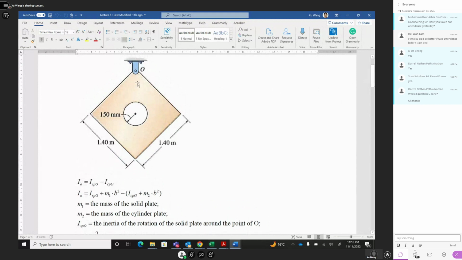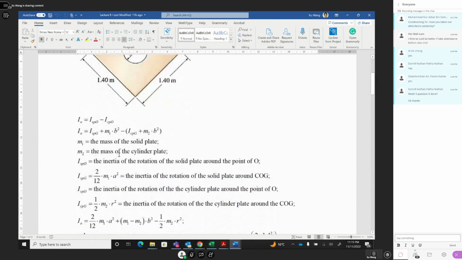We assume this distance equals b, so m b square. For the removed cylinder material, it equals the center-of-gravity rotational inertia plus this mass m2 times the distance b square, and because it is taken out, it is minus. Then define what m1, m2, S_PO, S_PG, C_PO and C_PG are. That's the definition.